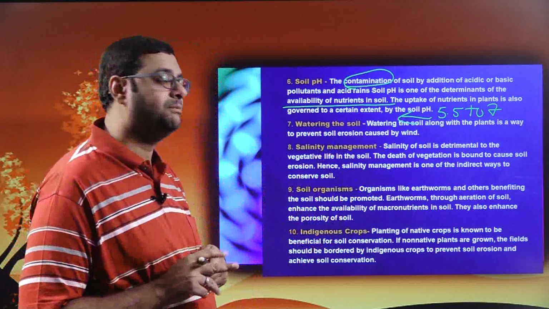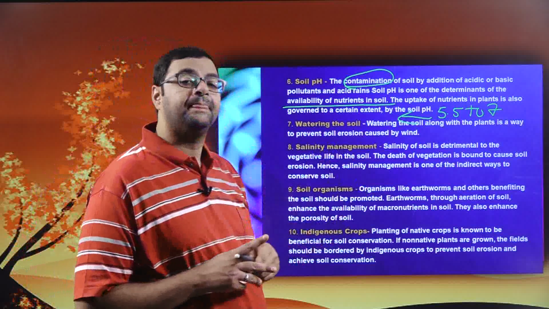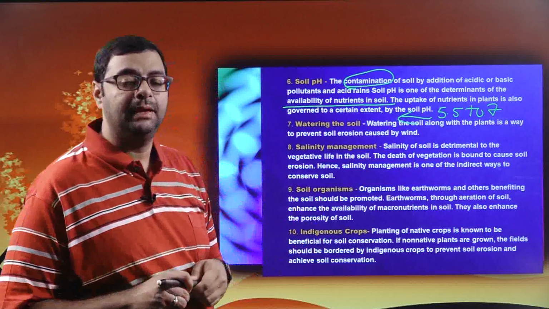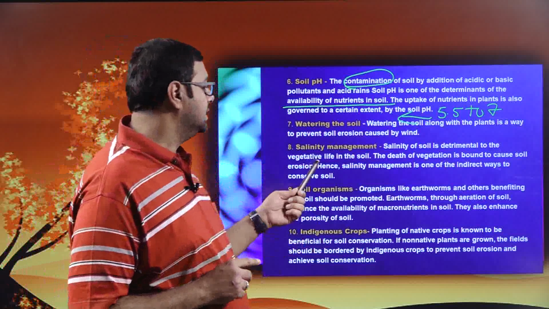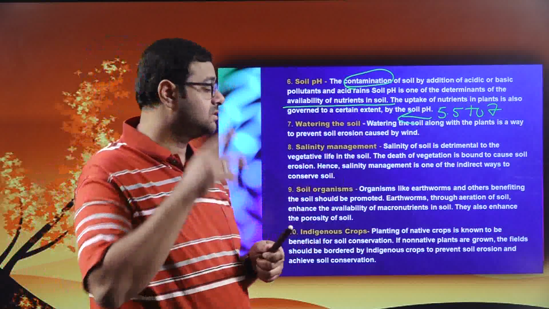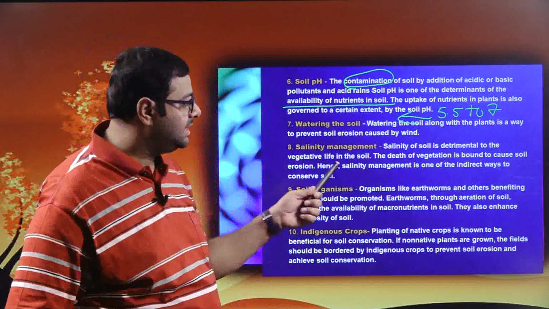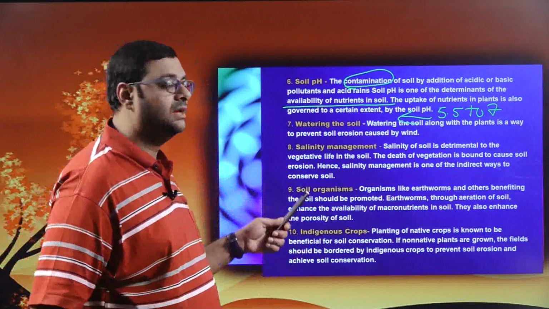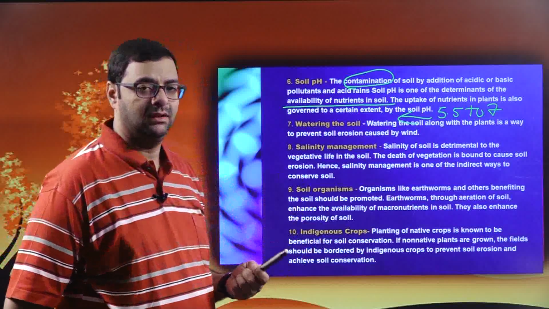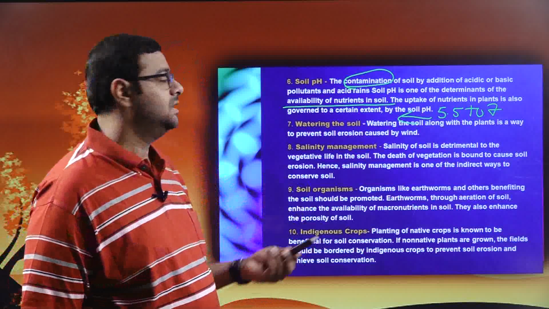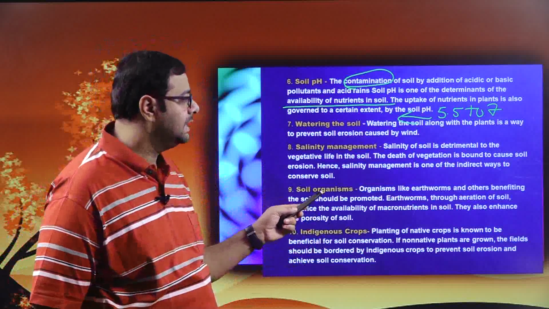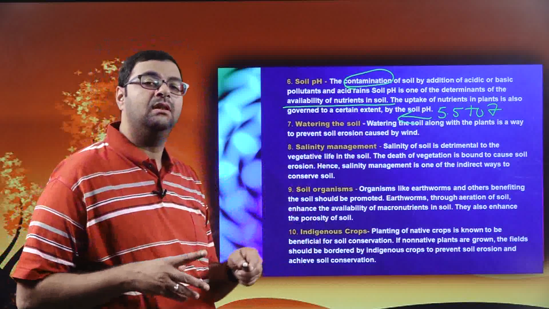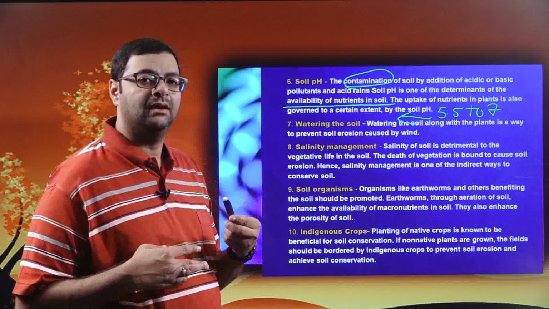If that happens, then the yield of the crop will be reduced. Hence, salinity management is one of the indirect ways of conserving soil from soil erosion, and also of keeping the soil fertile.